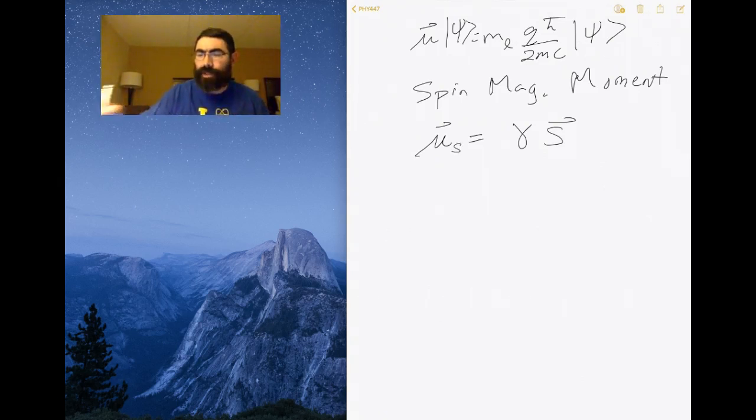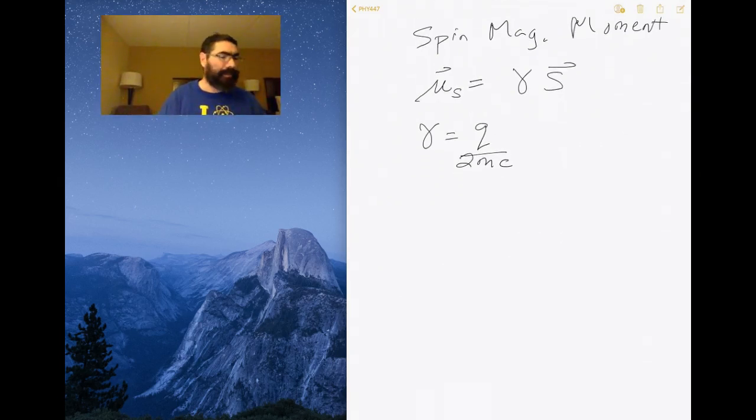I can put an S here to differentiate between the orbital angular momentum magnetic moment and the spin magnetic moment. Anyway, the gyromagnetic ratio should be the same. It should be minus the charge of the particle, Q, divided by 2mc.